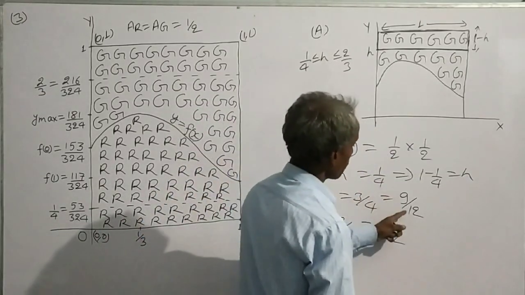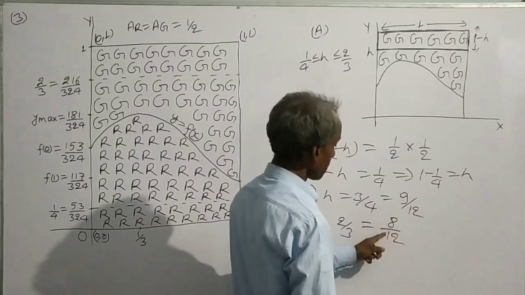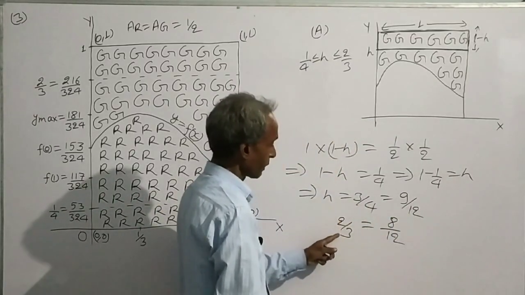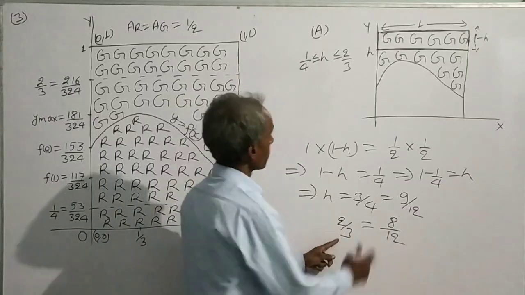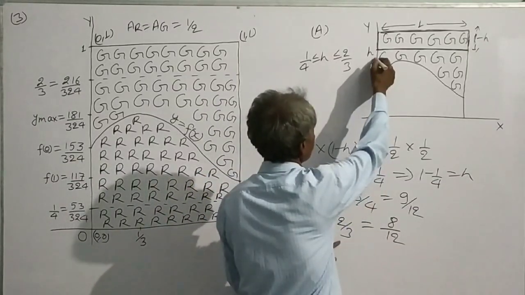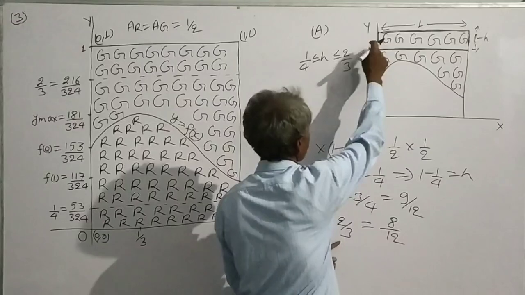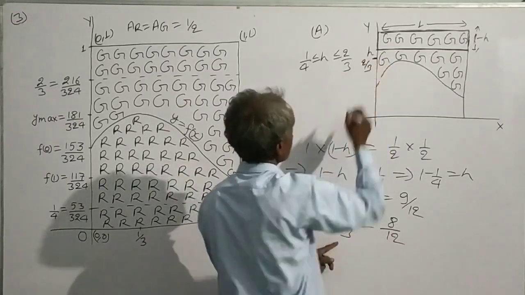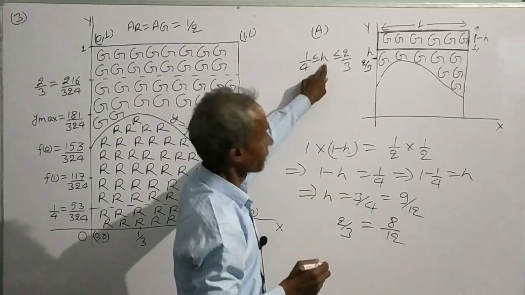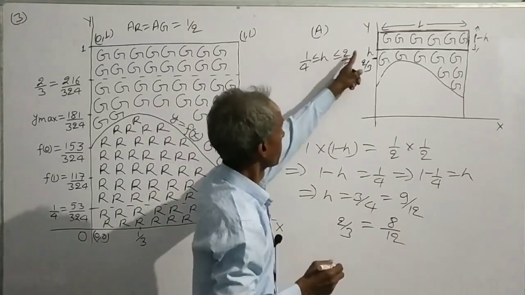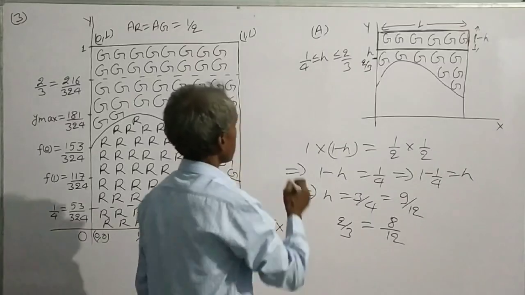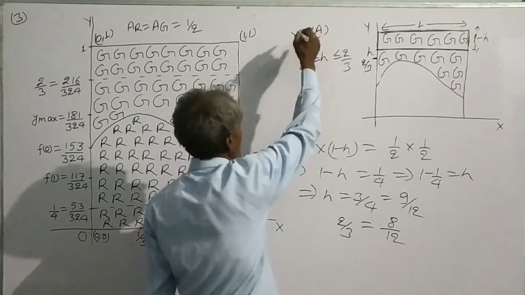Since 9 by 12 is greater than 8 by 12, that means 3 by 4 is greater than 2 by 3. That means 2 by 3 is below this height h, 3 by 4, and h should be less than or equal to 2 by 3, which is not correct. Therefore, this option is not correct.